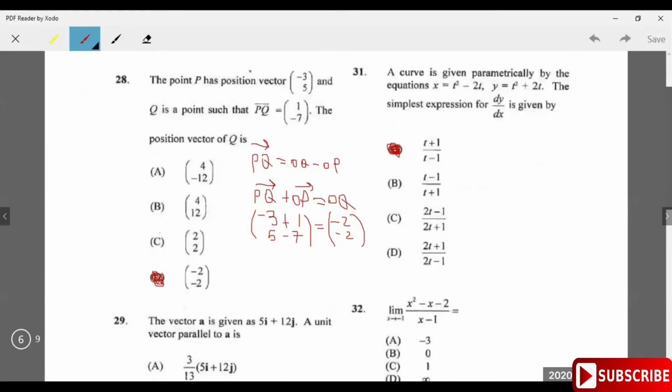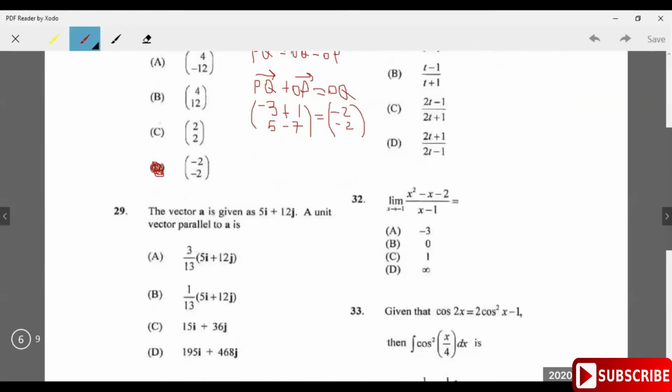Question 29 asks for a unit vector. There's only one possible answer here. How do I know that? A unit vector of vector u is equal to 1 over the modulus of u times vector u itself.